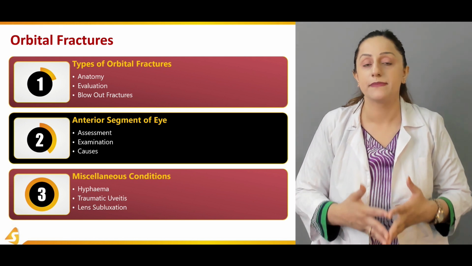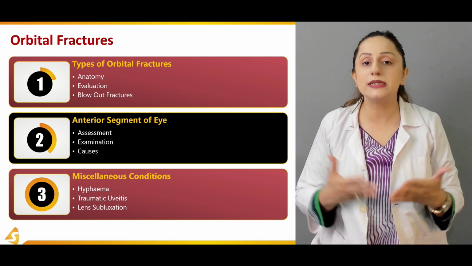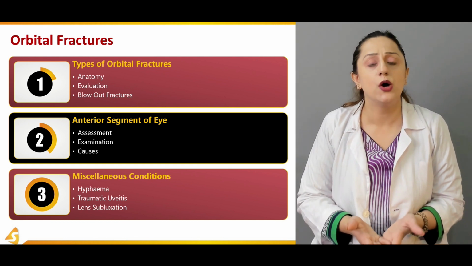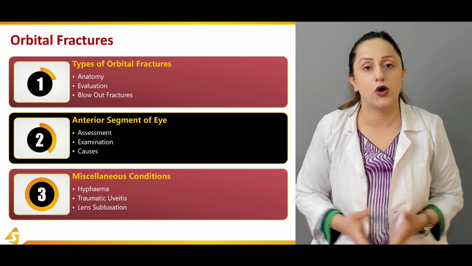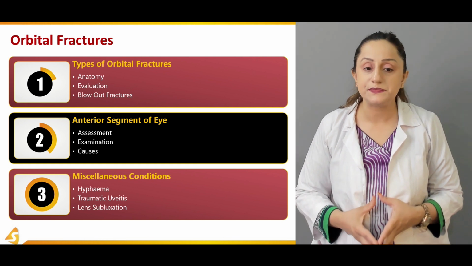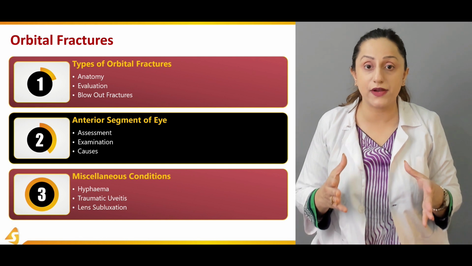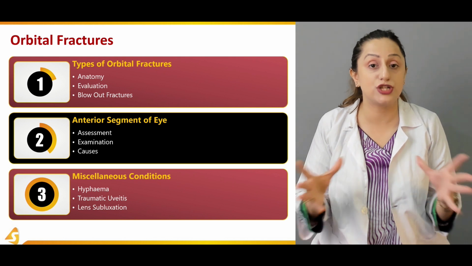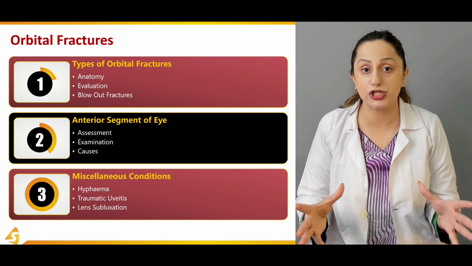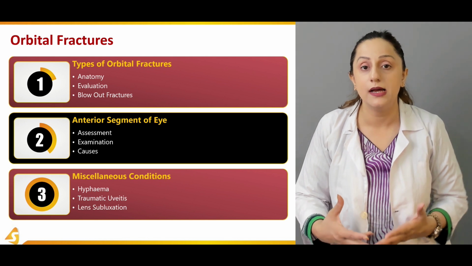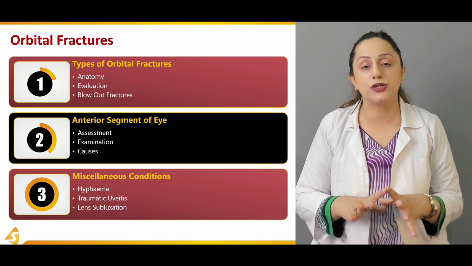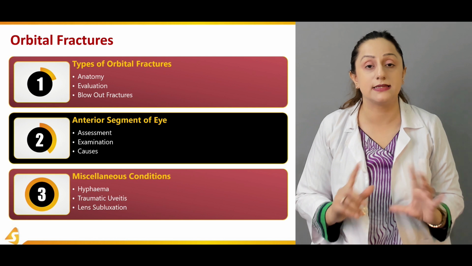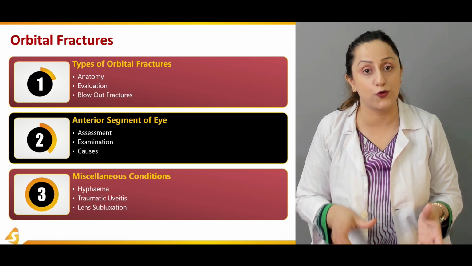For history taking, if the patient is found unconscious, you can take a parallel history from the patient's relatives, close family members, or whoever brought him or her to the hospital or the emergency department. The examination of the eye is very important because you're first going to inspect the external structures, and then you're going to move on to palpation, in which you rule out the rims of the orbital cavity, that is the medial and lateral walls, the roof and the floor of the orbital cavity.